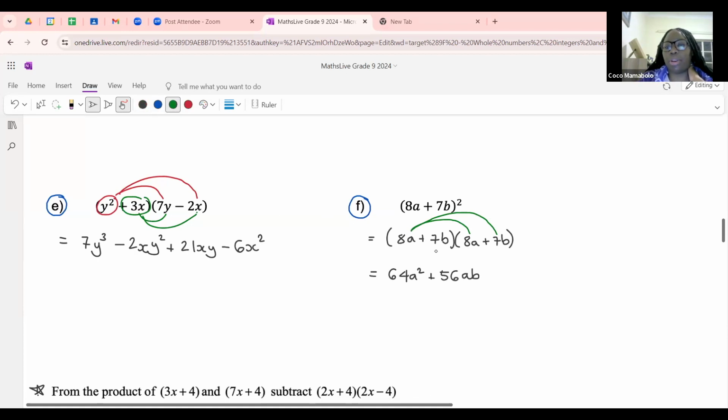And then at the bottom, I'm going to get 7b times 8a. That's also going to give me plus 56ab. And then for the last one, 7b times 7b, that will give me plus 49b squared.